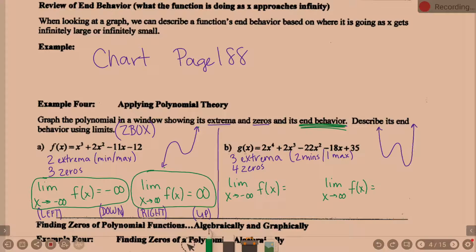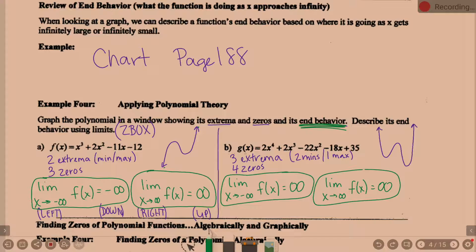What's that saying? As x values go where? As they're going negative, they're going left. So as my x values go left, where's my graph going? Up, which is what? Positive infinity. Okay. What about over here? As x goes to positive infinity, so as x goes right, where's my graph going? It's going up again, isn't it? And so it's going to positive infinity.